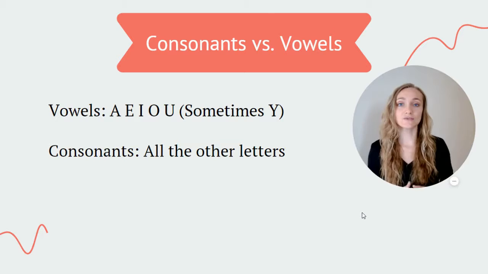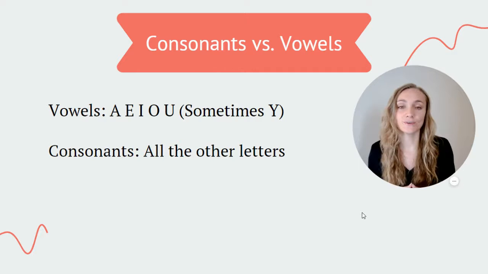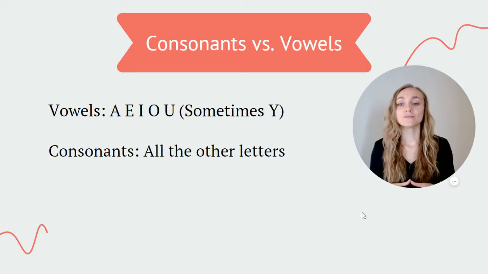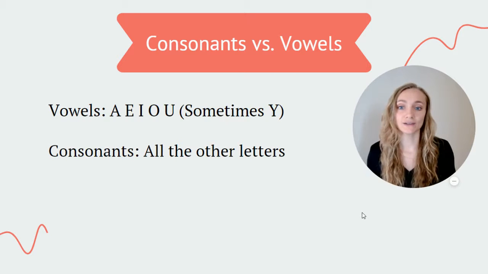So for consonants versus vowels, if you don't feel very comfortable yet with this terminology, that's okay. That's not something that we normally talk about when we're learning another language. So vowels are represented by the letters when we spell them, A, E, I, O, U, or sometimes Y as well. We won't complicate this too much because it's not too important for you to understand the complexities of vowel sounds for your listening skills, not right now, at least.